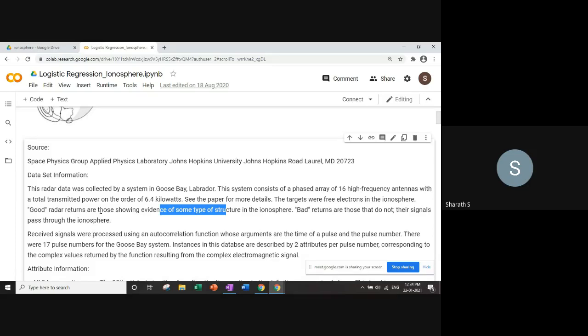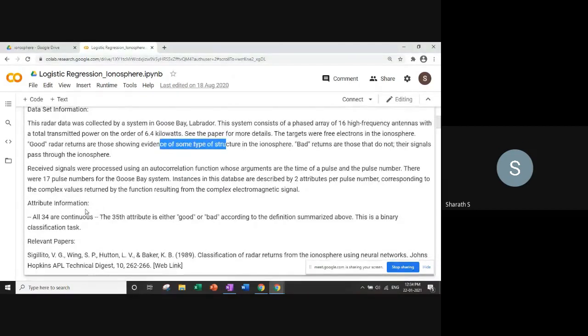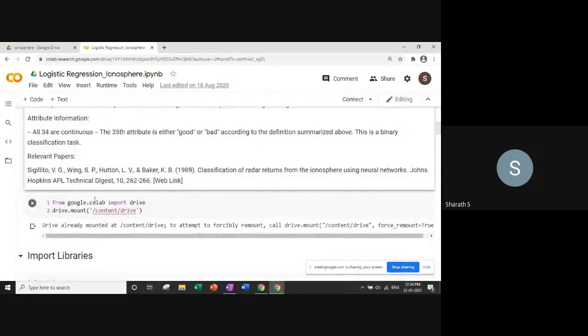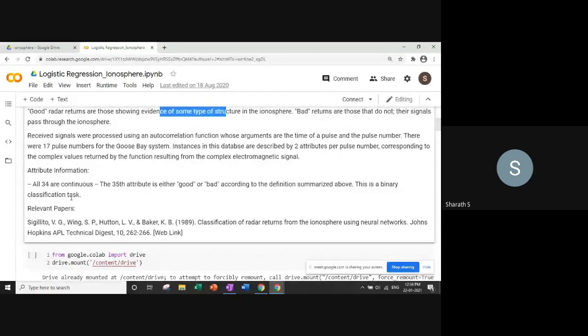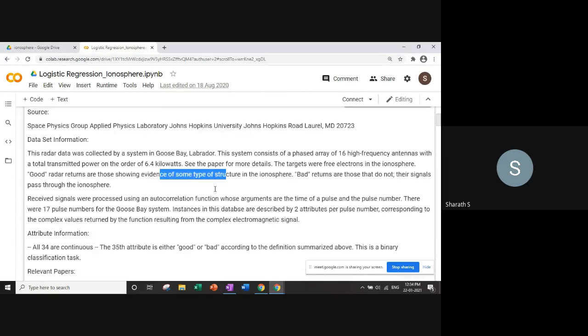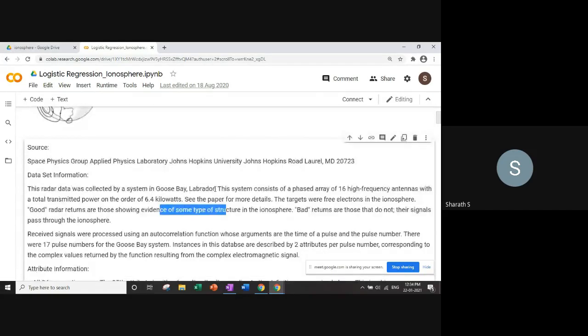Okay, so they did experiments over there by varying a lot of variables. They particularly had some 35 variables or attributes, and against that they were trying to classify good versus bad radar returns. This is an actual experiment, and this data was logged and made public.